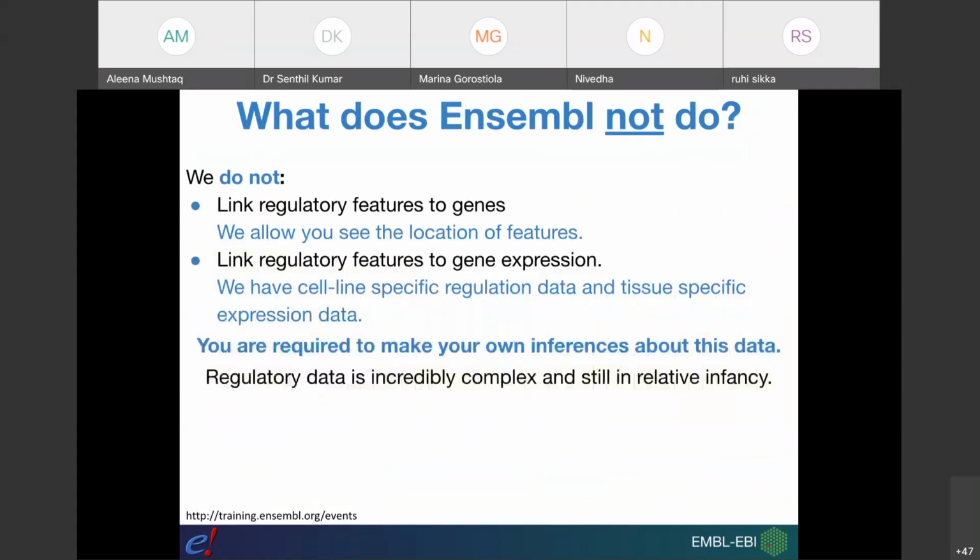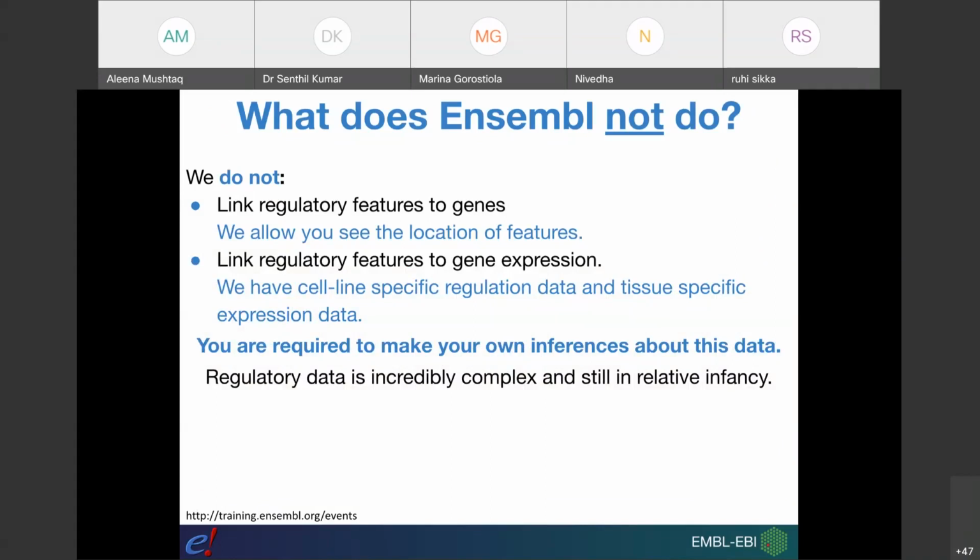But before I move on to the demo, I wanted to mention a few limitations. So we don't link regulatory features to genes. We tell you where those regulatory regions are across the genome, but you have to make inferences yourself.